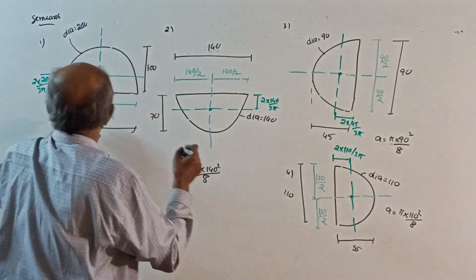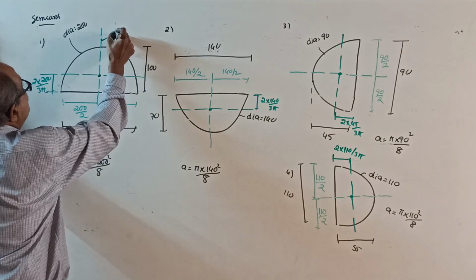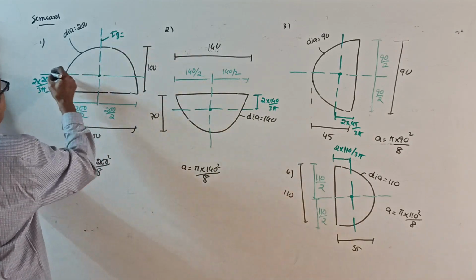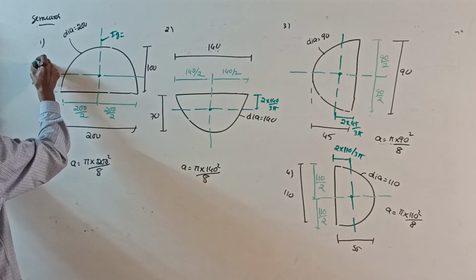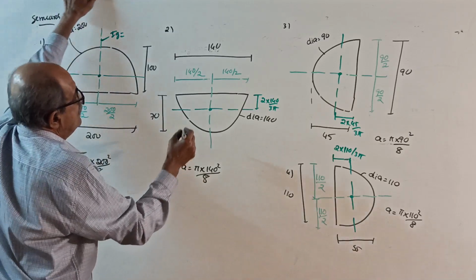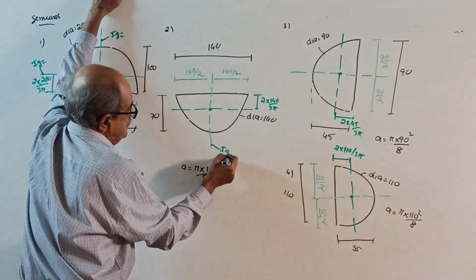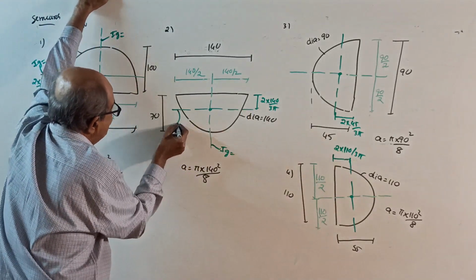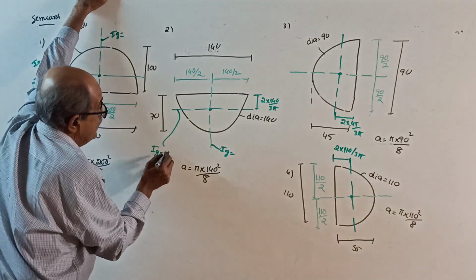Should be clear. Now, I want this Ig, this Ig, this Ig, and this Ig. Space is not there, you write neatly.